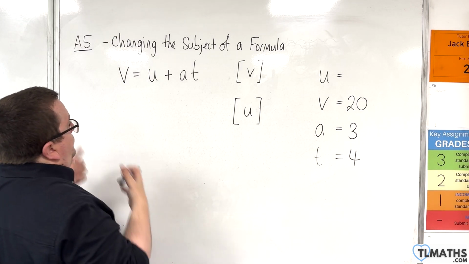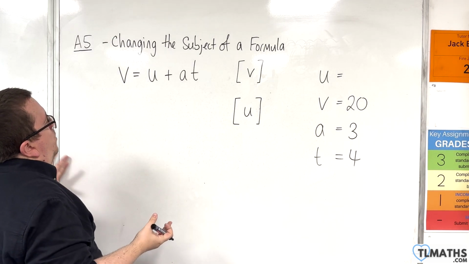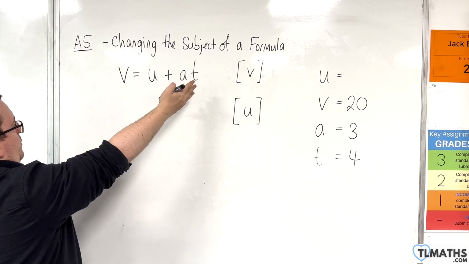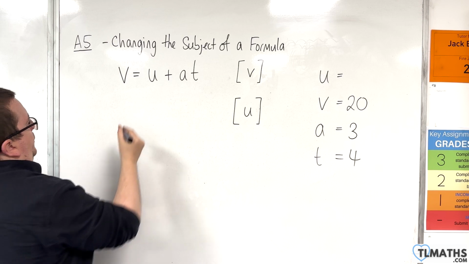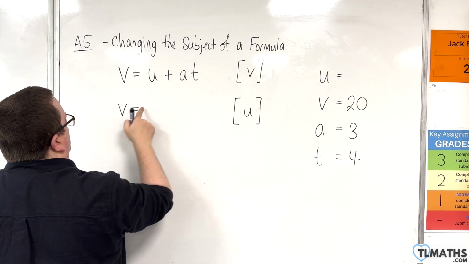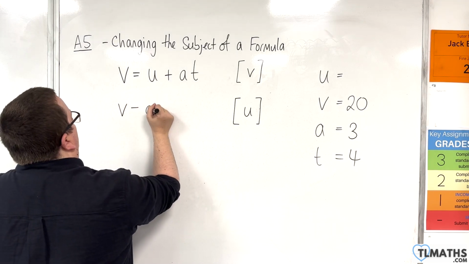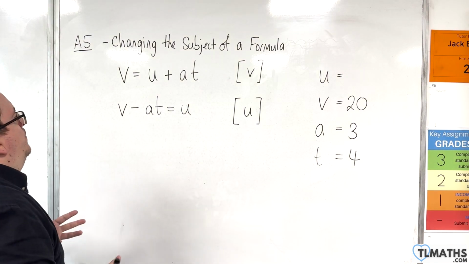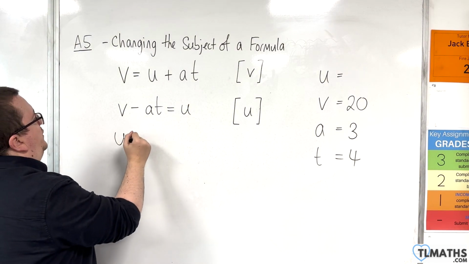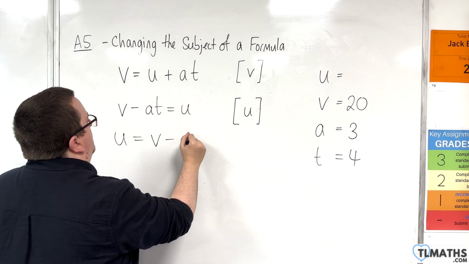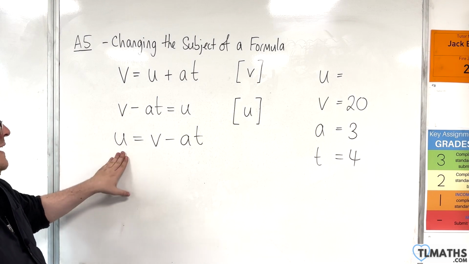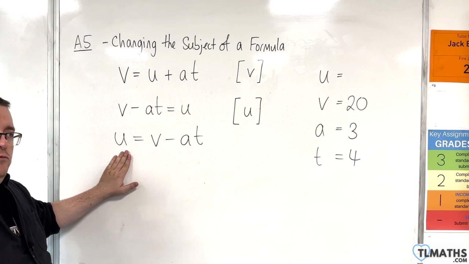So, what would I do? Well, I would remove the AT first, so subtract AT from both sides. V minus AT is equal to U. And I've kind of done it, but I would probably want to write that as U equals V minus AT. Okay, and so now I've made U the subject.